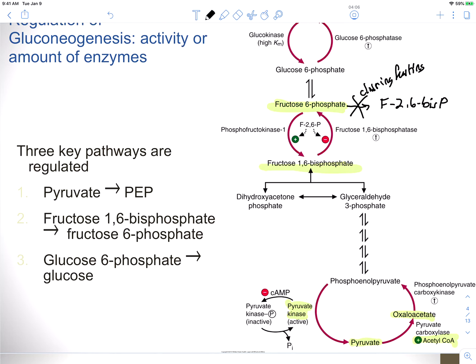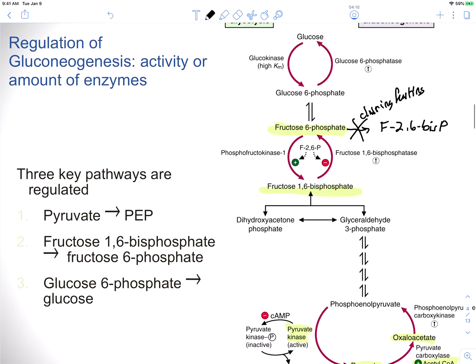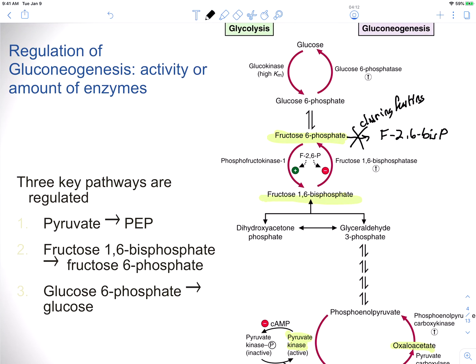Your fructose 1,6-bisphosphate can now become fructose 6-phosphate. And then, up on top here, you have your glucose 6-phosphatase and glucokinase. Glucokinase has a high Km, and if there's not a lot of glucose around, it's not going to convert it back to glucose 6-phosphate. So your glucose 6-phosphatase is on and can release glucose.